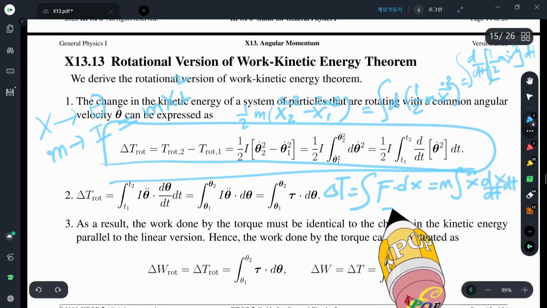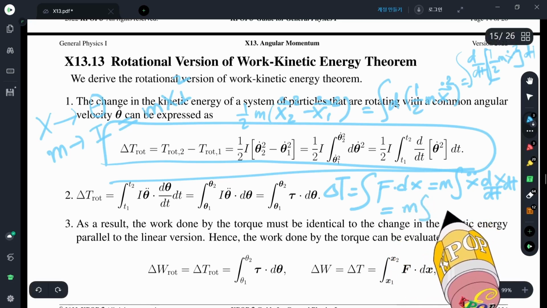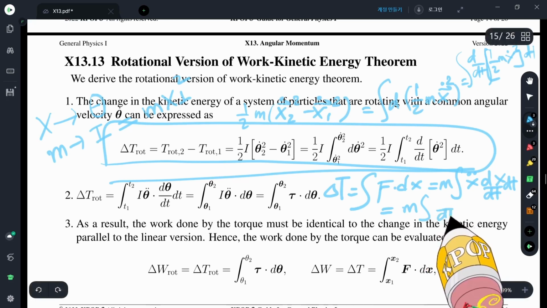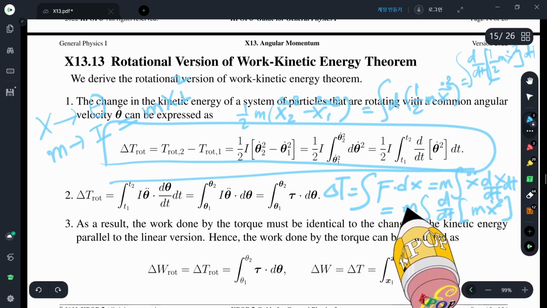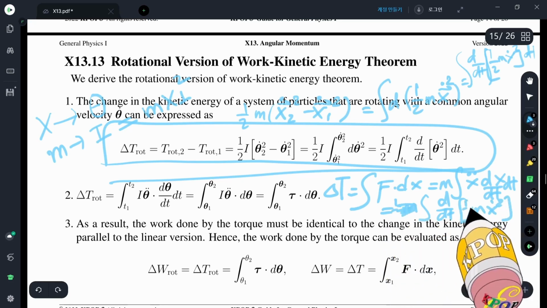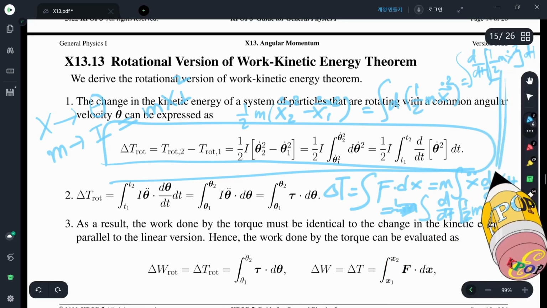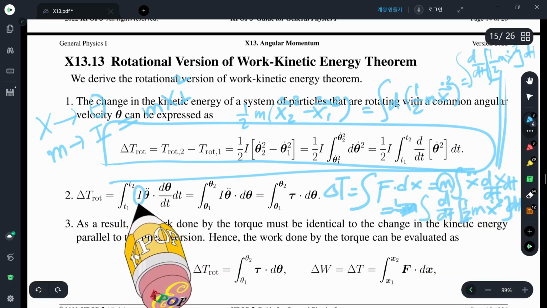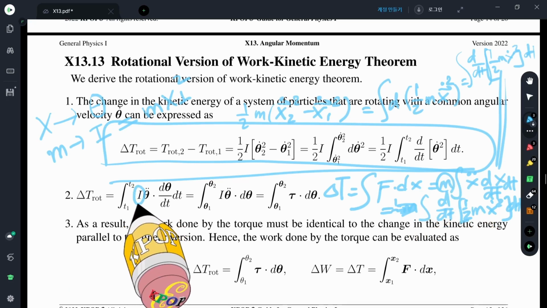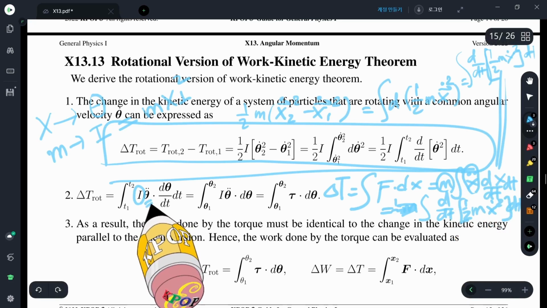One half, dt. These were the same. In a similar manner, what we have to do is replace m with the rotational inertia, and x double dot with the angle theta as a vector.